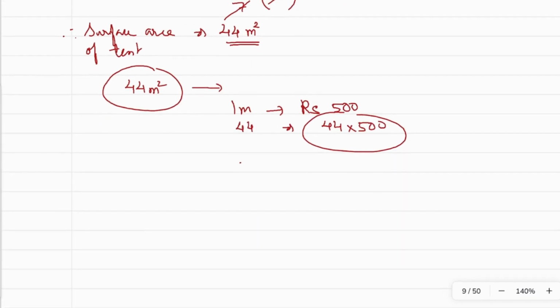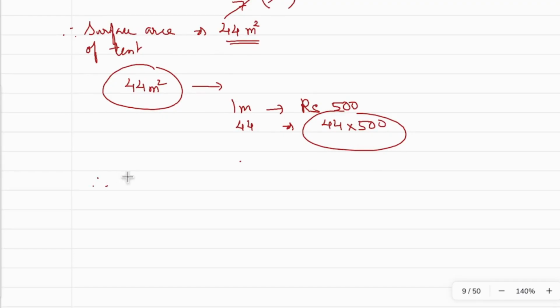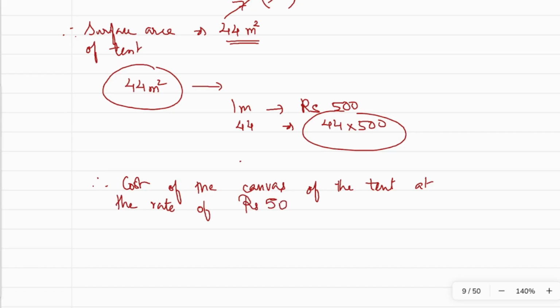Now let's do that in steps. Therefore, the cost of the canvas of the tent at the rate of rupees 500 per meter square is equal to surface area into cost per meter square.